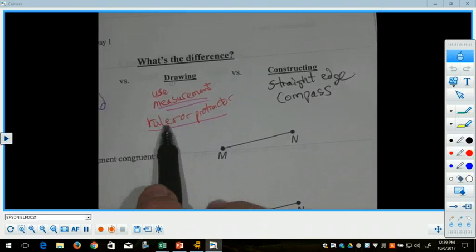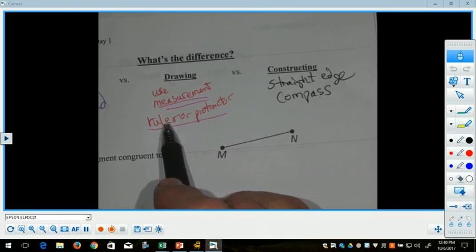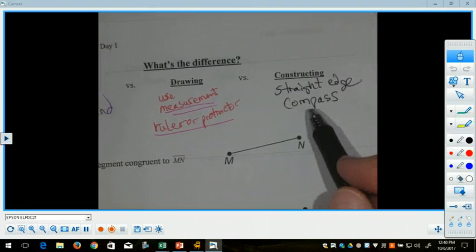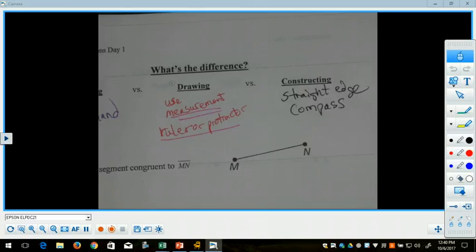So the problem with using a ruler is, what if I'm off? What if instead of being 4 inches, 4.5 inches, it's actually 4 7/16 or 4 9/16? Then I'm off a little bit, right? It's not as accurate. Where the compass will lock that exact distance, and it'll be precise as long as my compass doesn't shift when I'm using it.